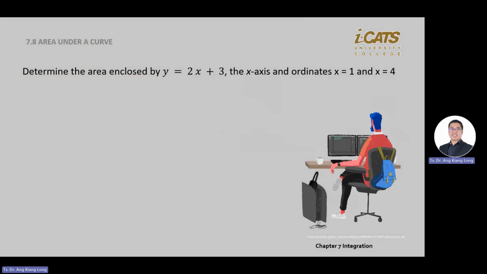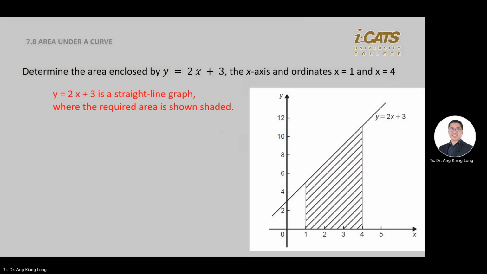So this is what? This is a linear equation. You should be able to draw this graph, huh? So it should look something like this. Mark 1, mark 4. You should be able to find the y value when x is 1 and 4.